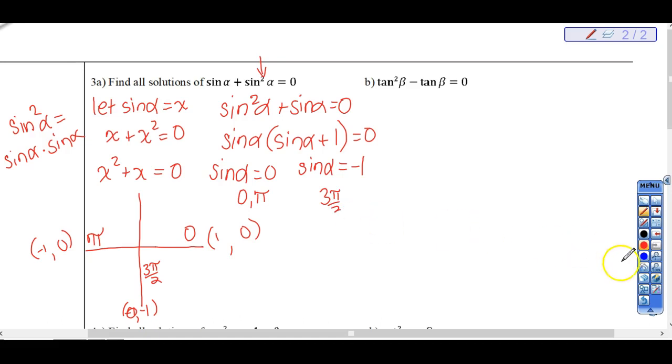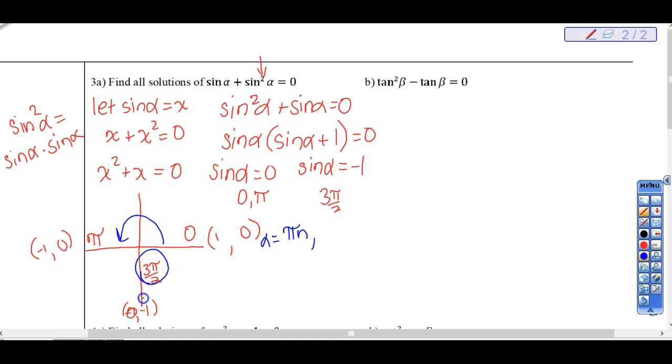So how would I write that solution? I have two of my solutions on the same line. So I could say alpha equals pi n, right? But that's not my only solution. I also have another solution down here.